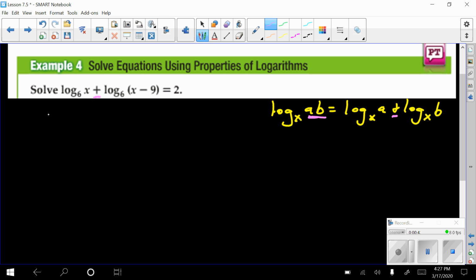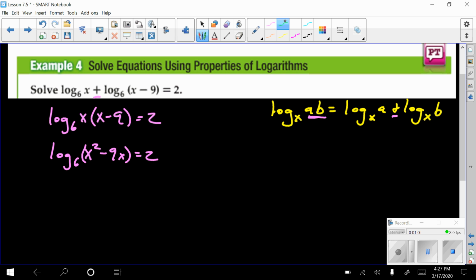So let's do that. Log base 6 of x times x minus 9 equals 2. We can simplify that even more. We can distribute: log base 6 of x squared minus 9x equals 2.